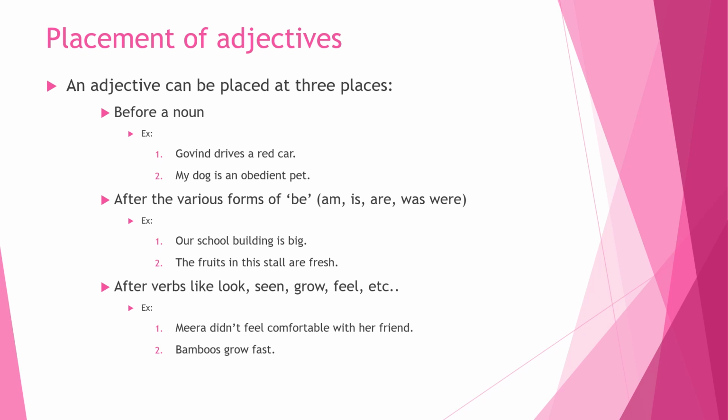In the next example, bamboos grow fast. Here in this example, verb is grow. So, we place an adjective after the verb grow. Adjective in this sentence is fast and the verb is grow. I hope you have understood where to place an adjective in a sentence.